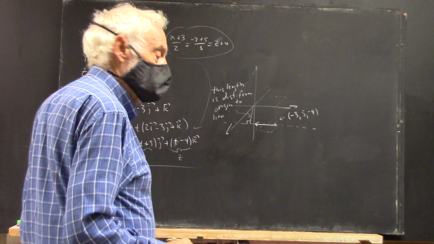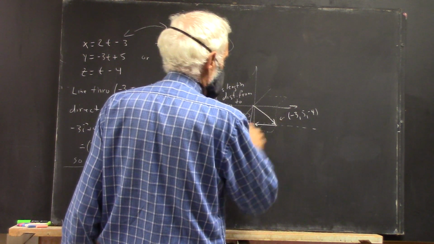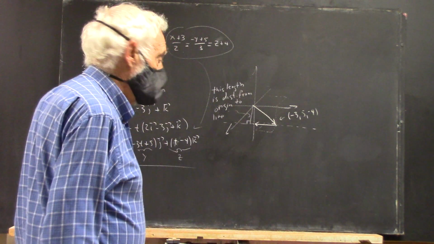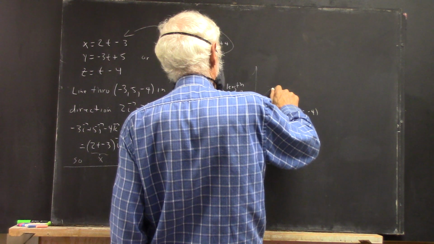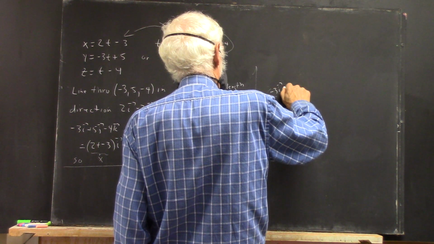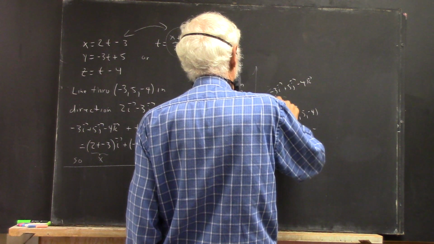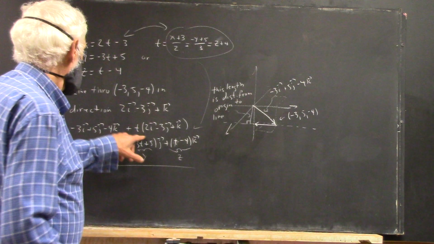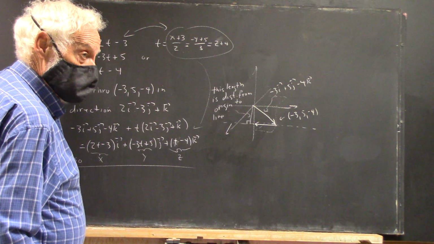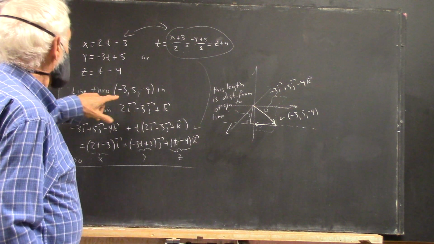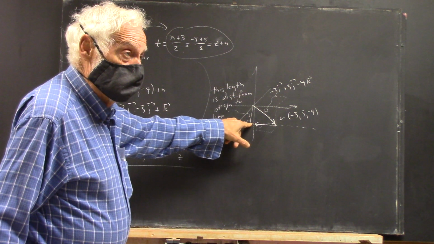Okay. Now what we know is we have this vector here, and this vector is the -3i plus 5j minus 4k that I became aware of when I interpreted this. In other words, from the origin to the point is this.